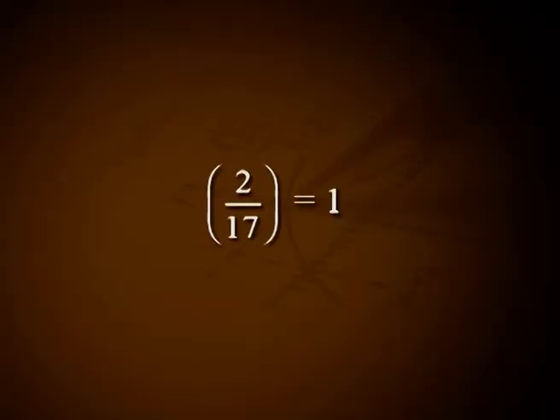Example 3. Since x squared congruent to 2 mod 17 has a solution, 2 is a quadratic residue mod 17. Hence, the Legendre symbol 2 by 17 is equal to 1. Example 4.